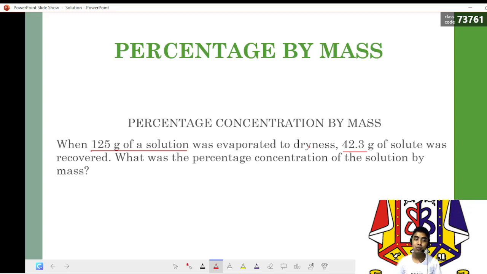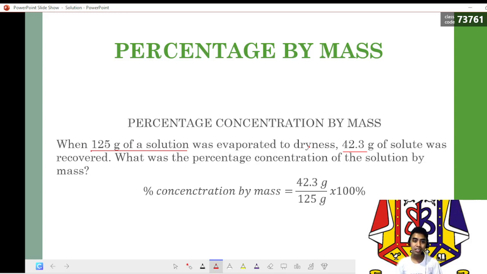Now, how do we solve problem number 1? You substitute 42.3 grams as the mass of solute over 125 grams, which is the mass of solution, then multiply it by 100.